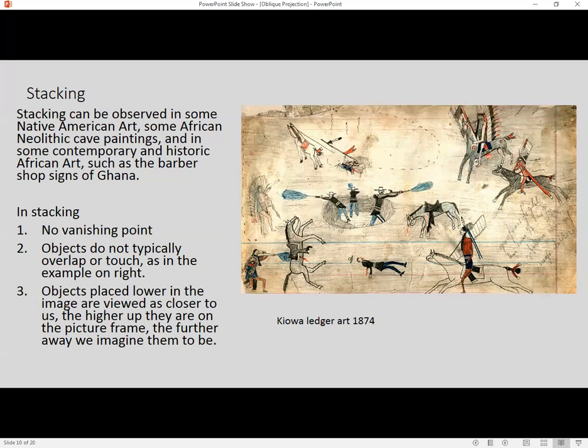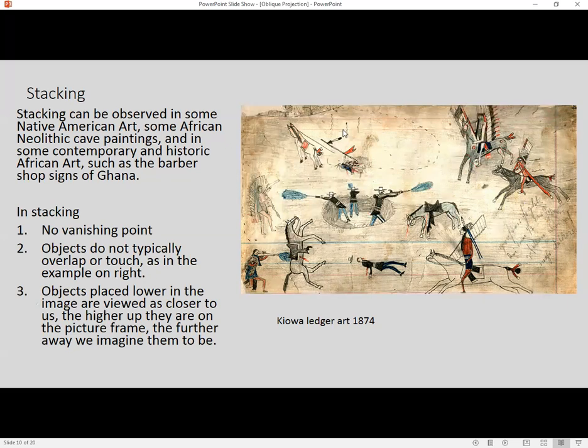In stacking, objects do not typically touch one another or overlap. Occasionally they will, but usually they don't overlap one another. And so there's spaces between objects. And then the other thing is that objects placed down lower in the image are considered to be closer to us.